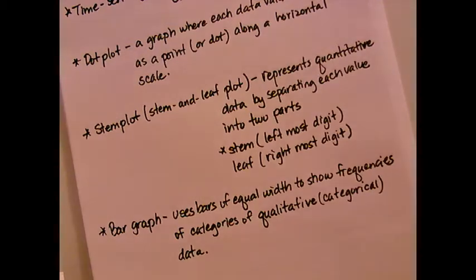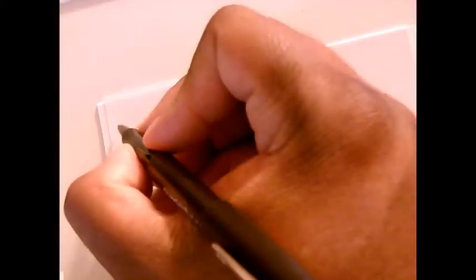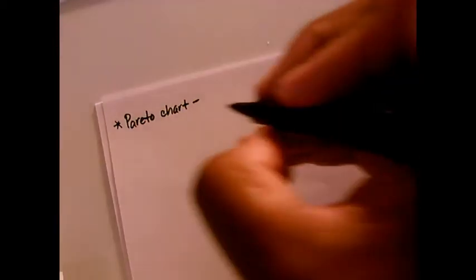Okay. And then the next type of graph. Now, keep in mind, we won't be doing all of these, but I just want to bring up a few of these types of graphs that you might come across. One is a Pareto chart.